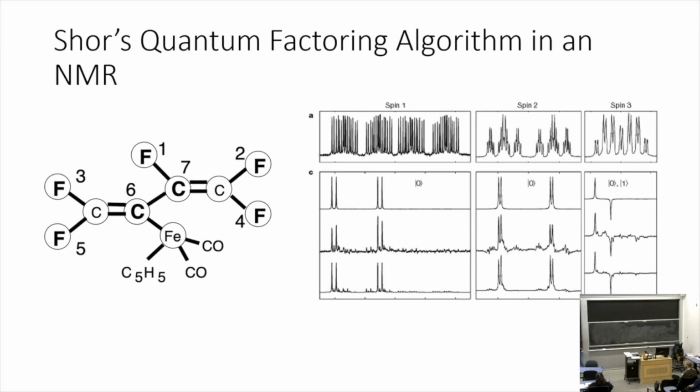And this top line is the simulation of what they expected to get. This is the actual data. And then this is a simulation that adds some sort of random decoherence to the system. So they can say that the answer they got is what they expected plus some noise.